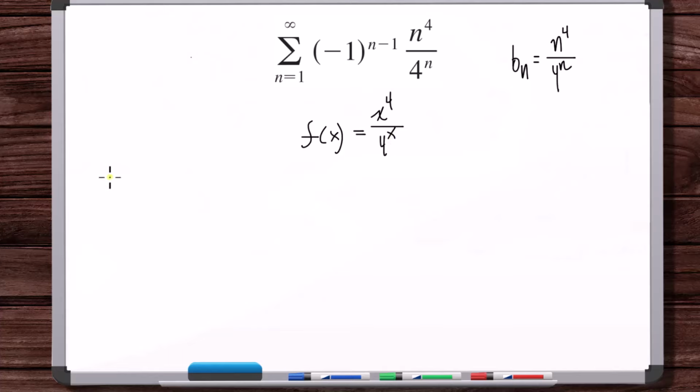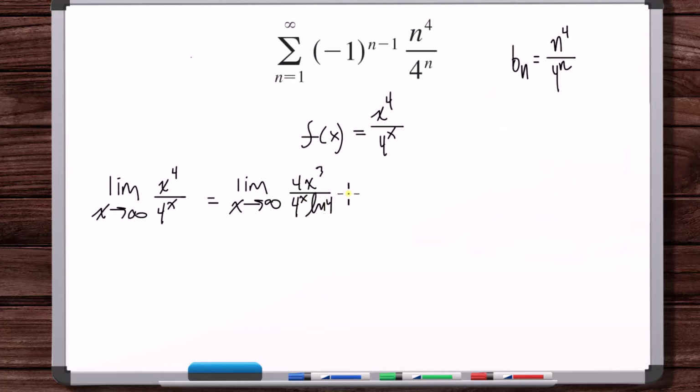Now, the limit as x goes to infinity of, that's infinity over infinity, so L'Hopital's rule, 4x cubed over 4 to the x natural log of 4.